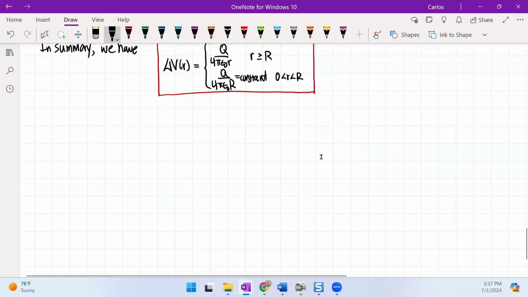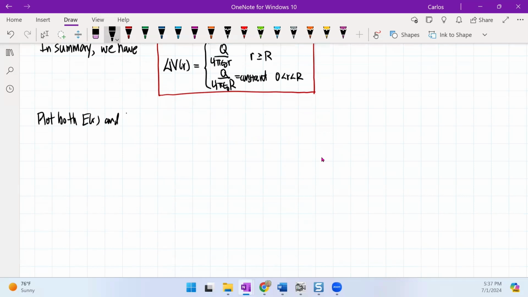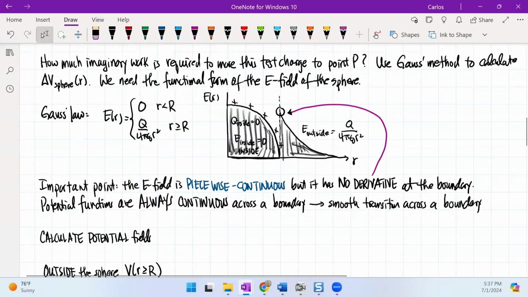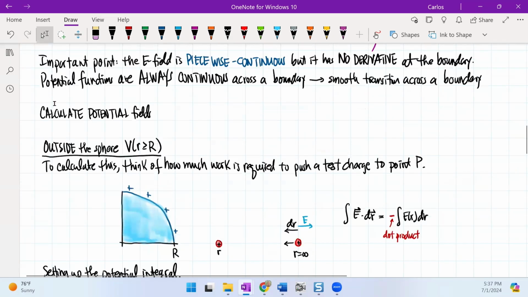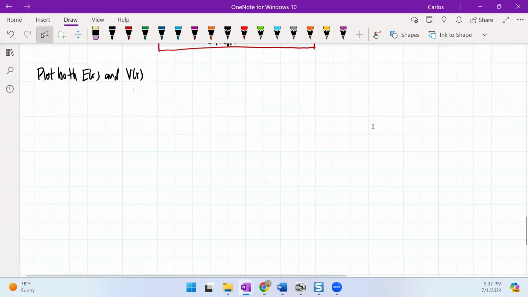So what I'd like to do is plot both E of r and V of r. You know what? I think I better be careful because I think I drew it right on top of the sphere, and I don't want to do that. So I'm going to leave it. I'm going to stick right here. So let's draw this out.